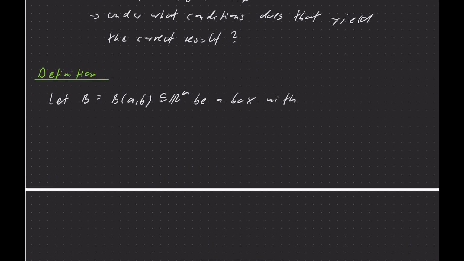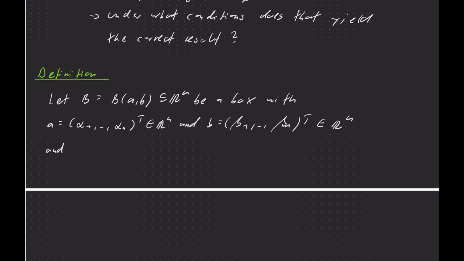For the notation, we'll say that A is the vector that consists of the components alpha 1 to alpha n, and similarly B consists of the components beta 1 to beta n. And then let's have a function on that box. So let f be a function defined on B with values in R.